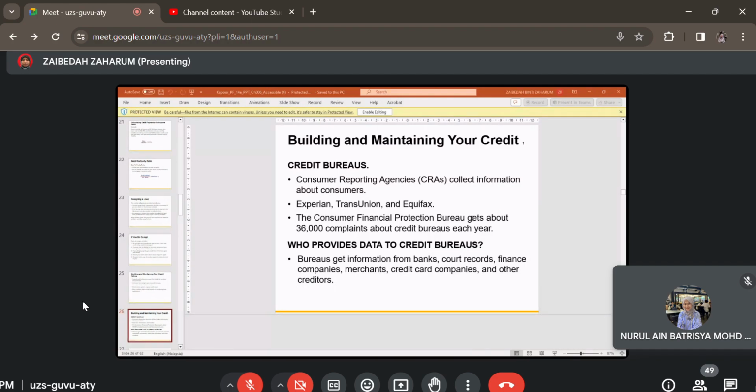Di mana credit bureau ni tadi selalunya function dia adalah untuk mengumpul dan menyediakan maklumat kredit lah, untuk membantu institusi kewangan membuat keputusan ke atas pinjaman-pinjaman yang dipohon oleh peminjam. Okay. Dan mereka juga menyediakan laporan kredit kepada individu untuk memantau keadaan kewangan.